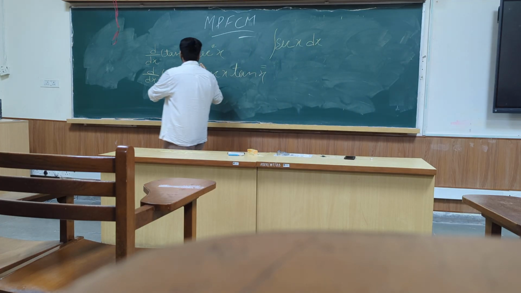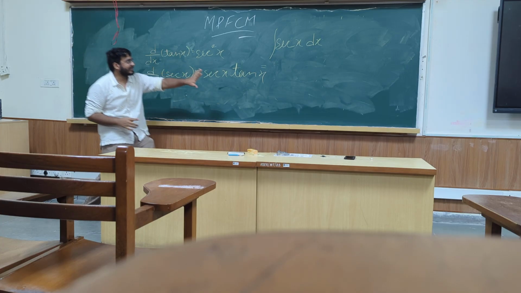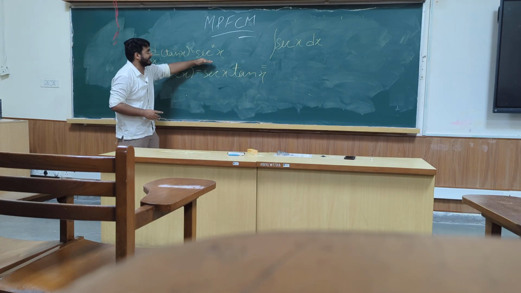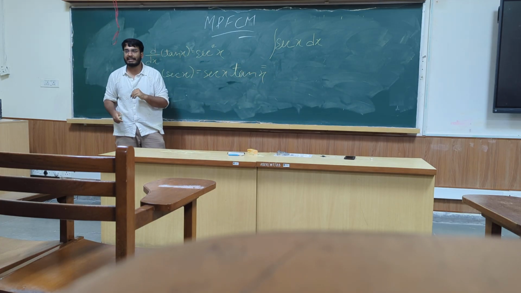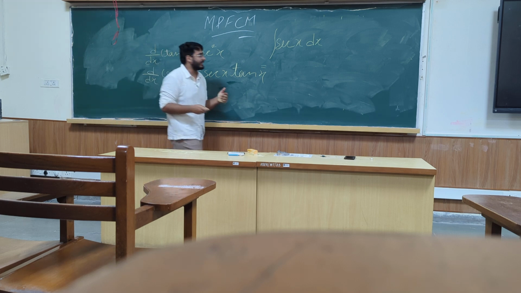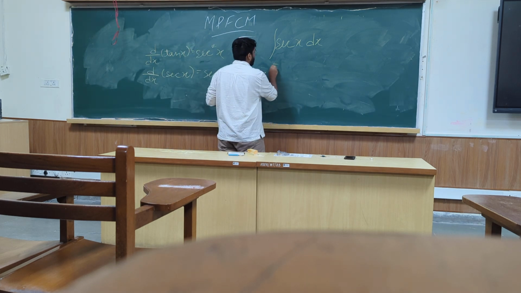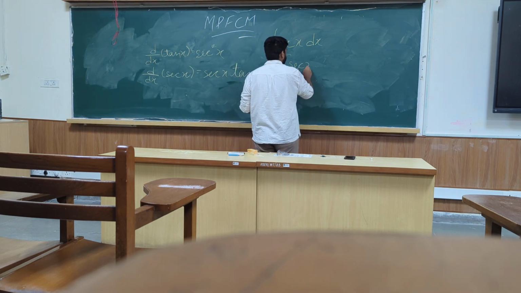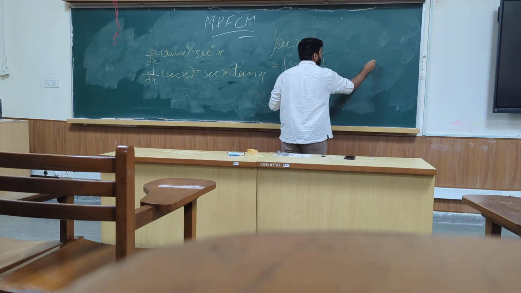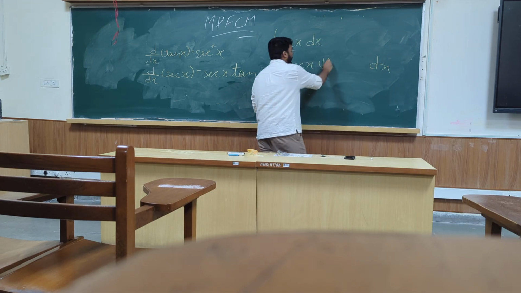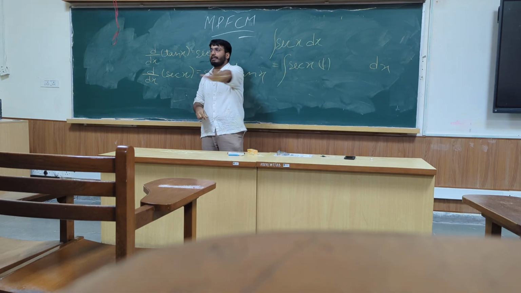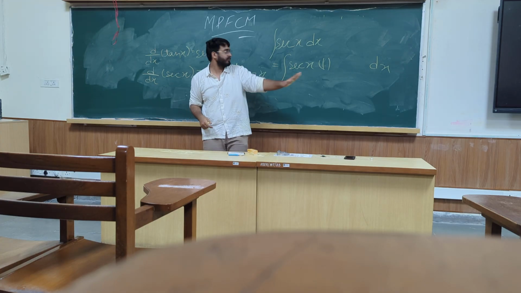So what I'm trying to do is convert the secant x to secant squared x and secant x tan x, which is going to be pretty easy because the magic trick is I'm going to multiply it by 1. So multiplying by 1 changes nothing. So we all agree on this.